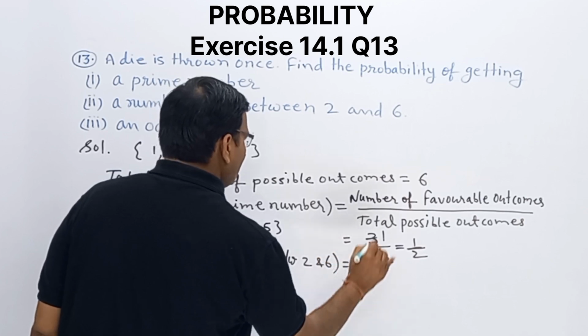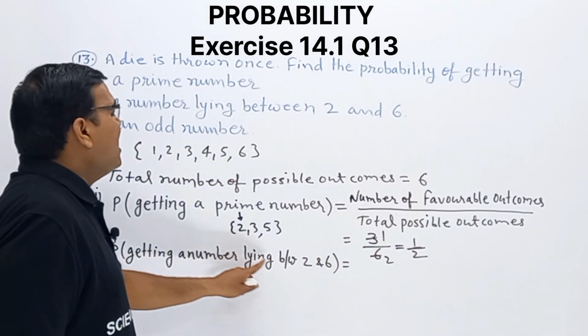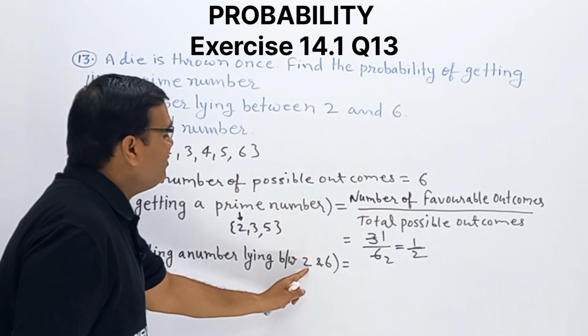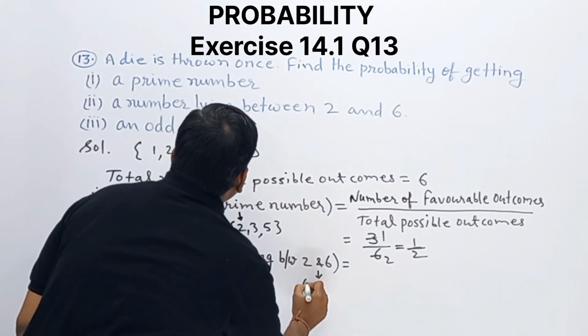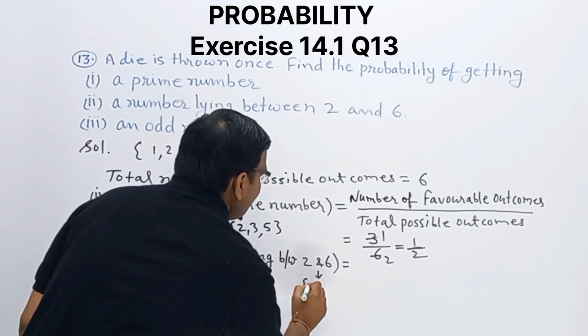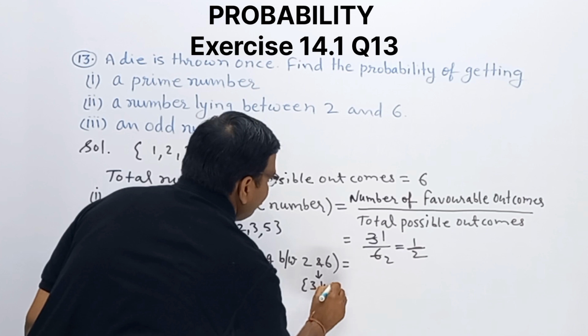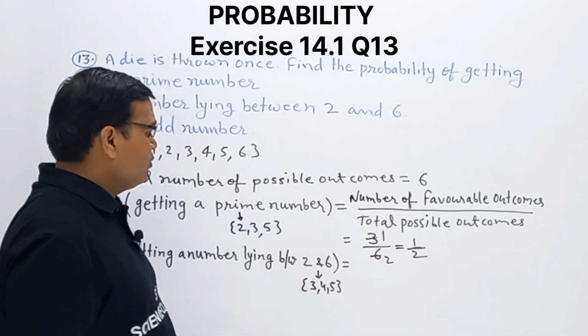Observe carefully. Between 2 and 6 we have 3 numbers: 3, 4, 5. These 3 numbers are the favorable outcomes.